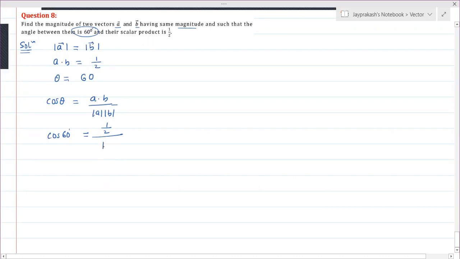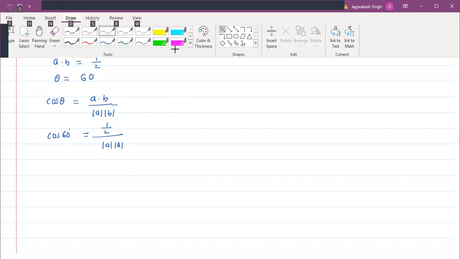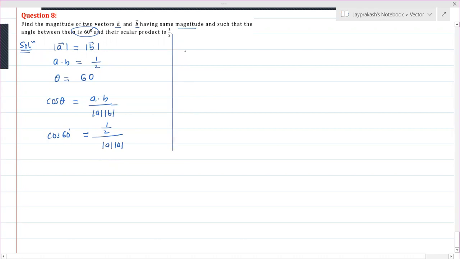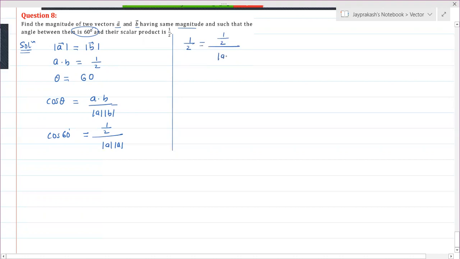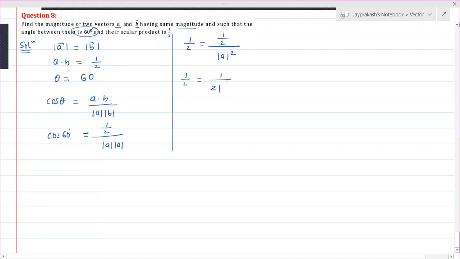So we can write magnitude of A into magnitude of A, because magnitude of A equals magnitude of B. Now cos 60 is half, so half equals half into magnitude of A square.